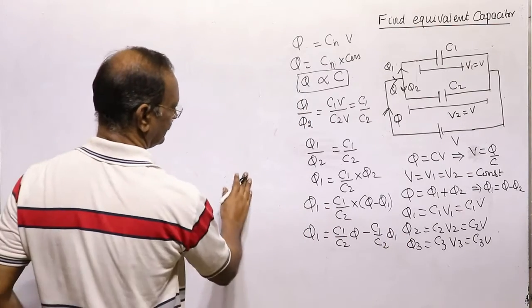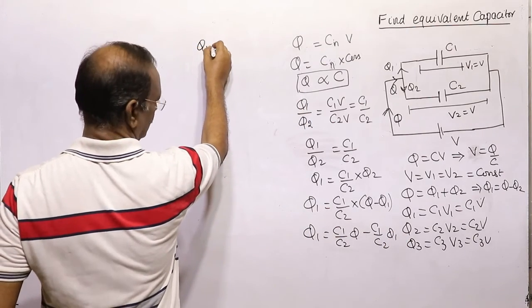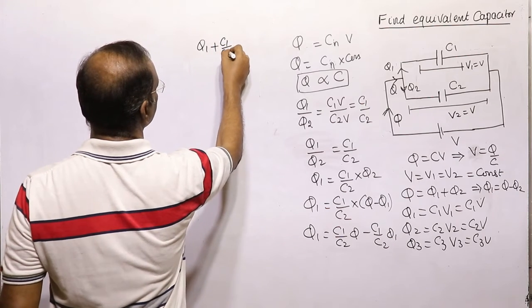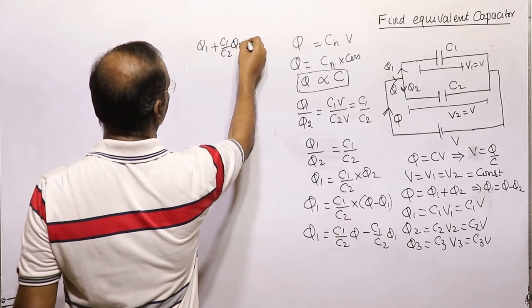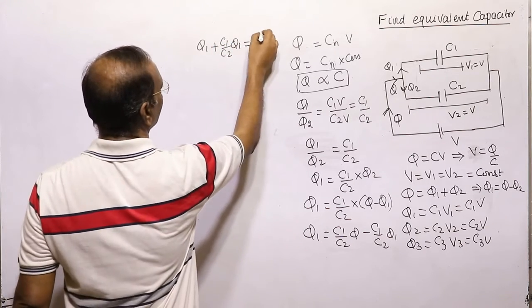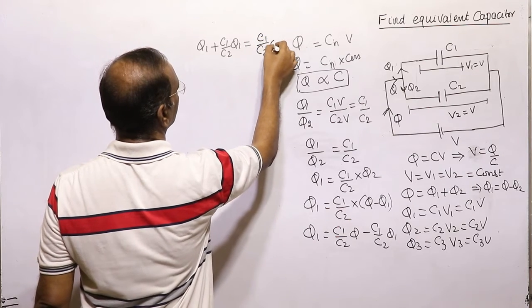Taking this to the other side, Q1 plus C1 by C2 Q1 is equal to C1 by C2 into Q.